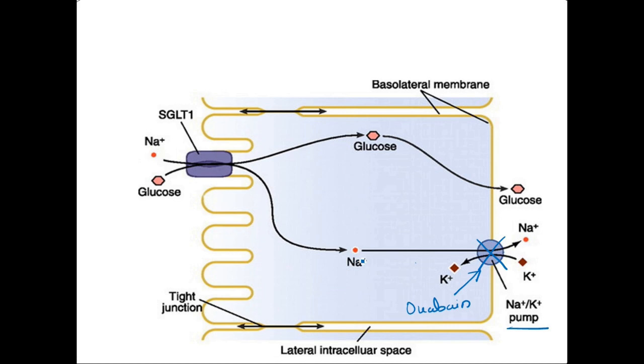Because of this, sodium will not move outside the cell, and because of this, sodium concentration goes high, and when sodium concentration is already high inside the cell, SGLT will not move sodium from the outside into the cell, and due to this, glucose will also not move inside the cell, and due to this, glucose absorption is impaired.